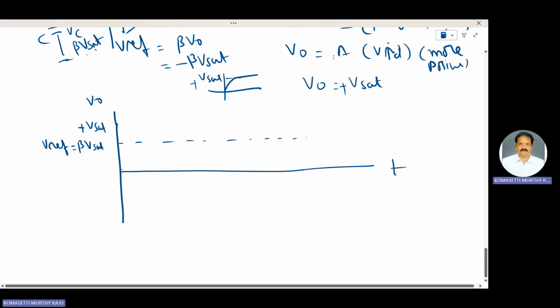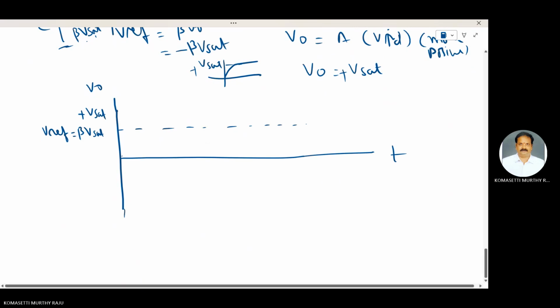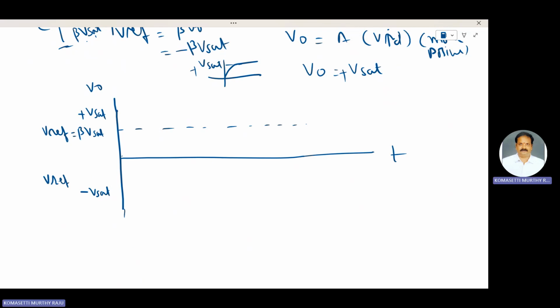This one is the time period T. Minus V sat, and V reference is equal to minus beta V sat.